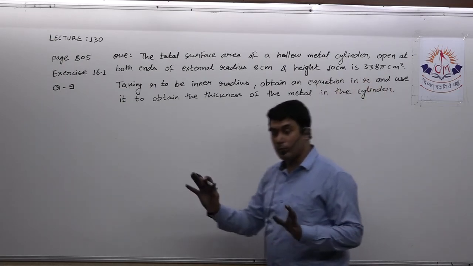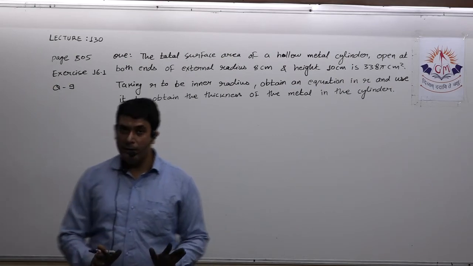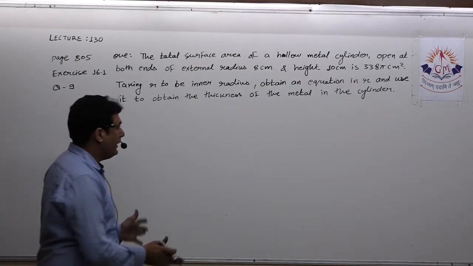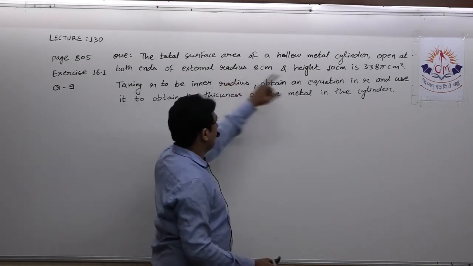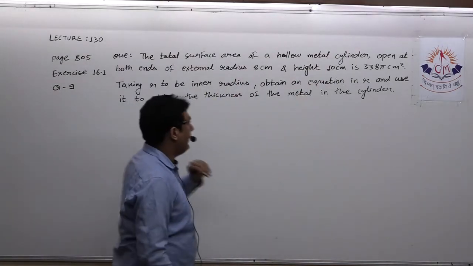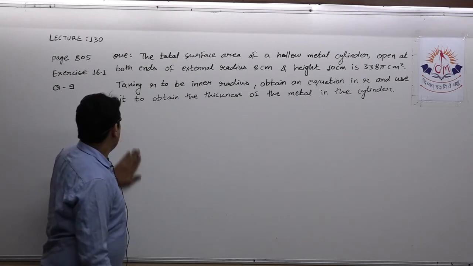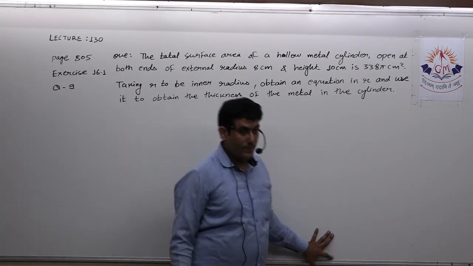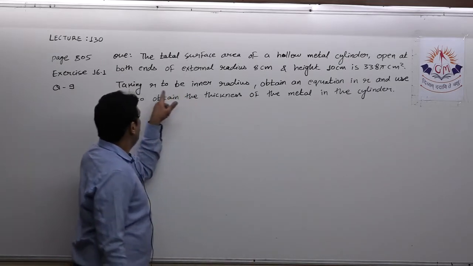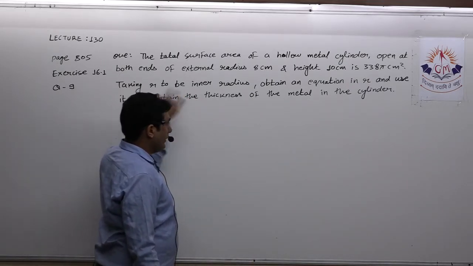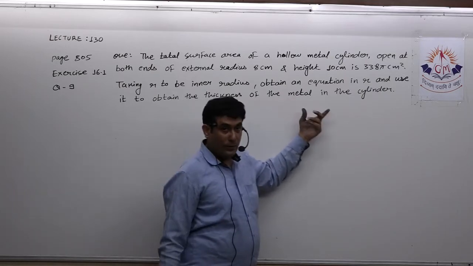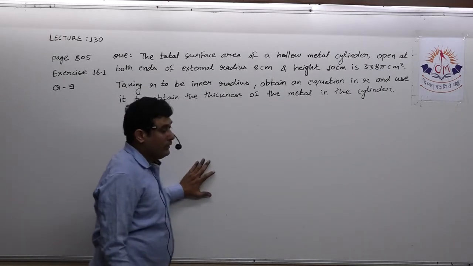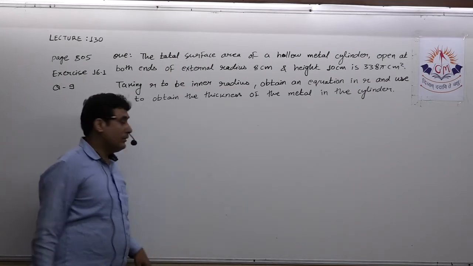That means we are talking about a hollow cylinder whose external radius is given, whose height is given, it is open at both the ends, and its total surface area is given as 338 pi centimeter square. Taking r to be the inner radius, obtain an equation in r. Obviously we take small r as the inner radius. We have to obtain one equation and use it to obtain the thickness of the metal of the cylinder.